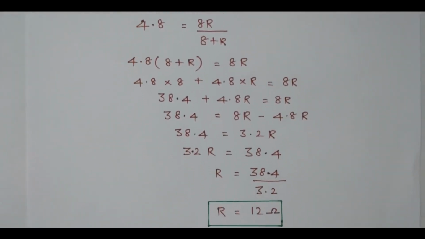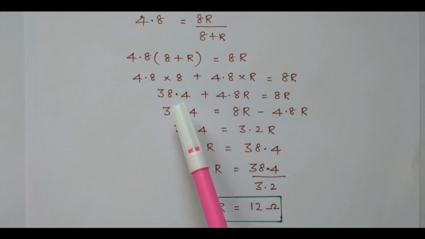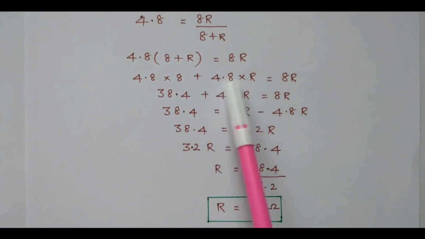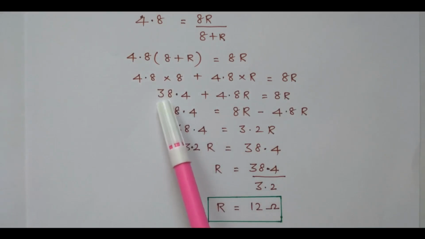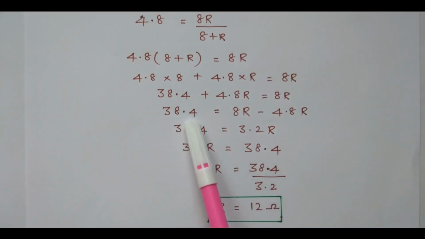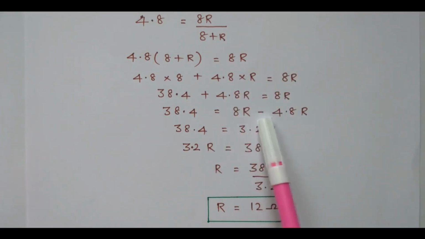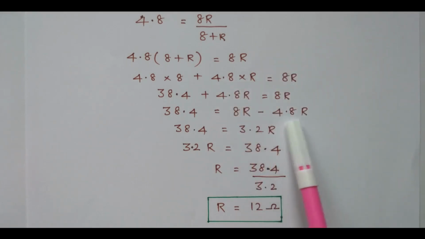Now we'll go for further simplification. Cross multiply, so that 4.8 into 8 plus R equal to 8R. Now multiply 4.8 into 8 plus 4.8 into R, that is equal to 8R. So 4.8 into 8 is 38.4 plus 4.8R equal to 8R. Bring this 4.8R to the right hand side so that 8R minus 4.8R, while going this side it will become minus.